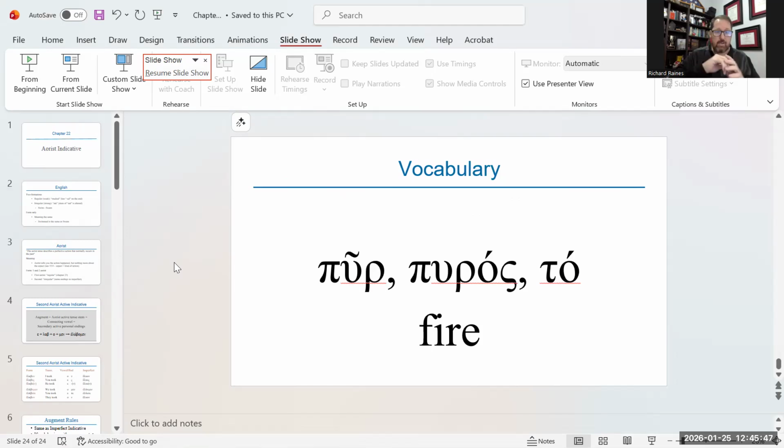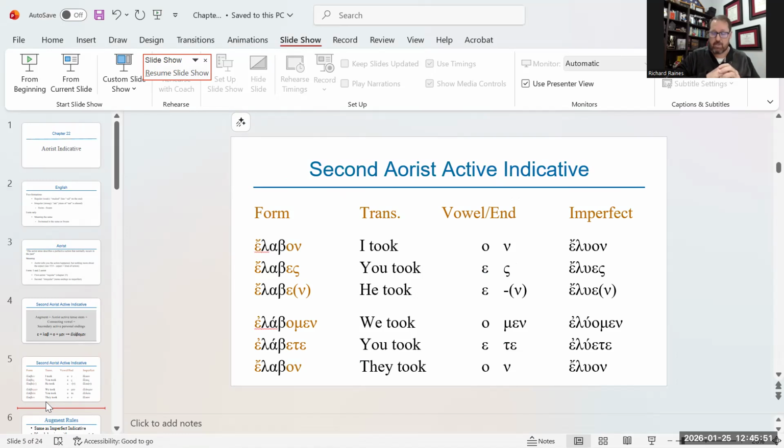The first thing I would do is I would start writing out these paradigms. I'd get a whole bunch of notebook paper and I would just write them out until I got bored with it. Just spend an evening writing these out until you're bored with it. And then the next night, I would just write them again until I was bored with them.